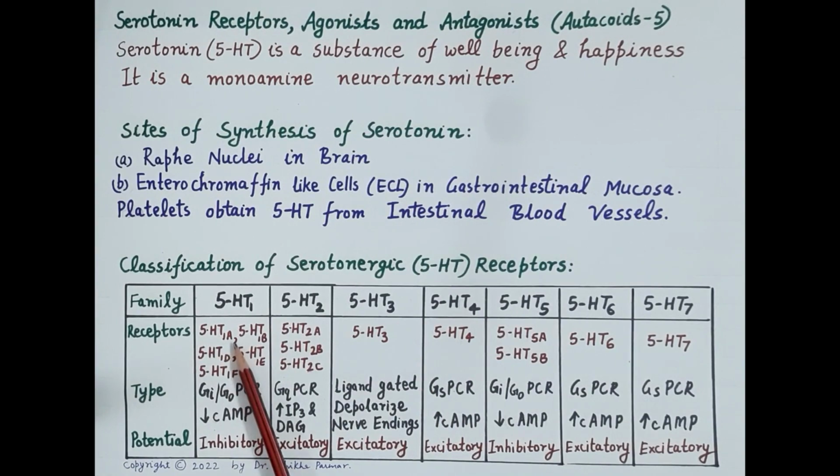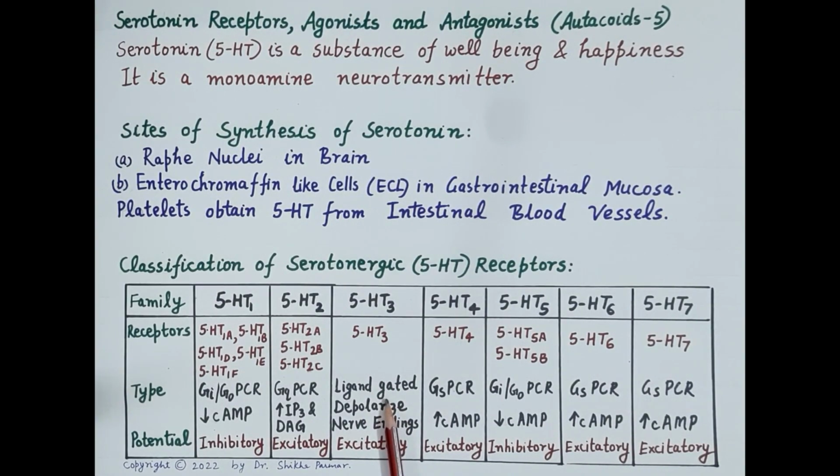All these 5-HT receptors are G protein coupled receptors except the 5-HT3 family. 5-HT3 family belongs to the receptors which are ligand gated ion channels.